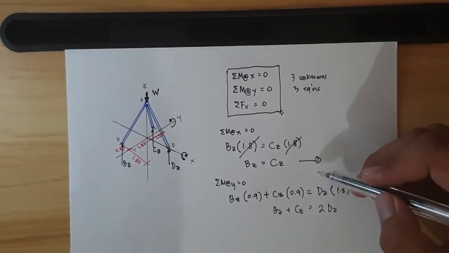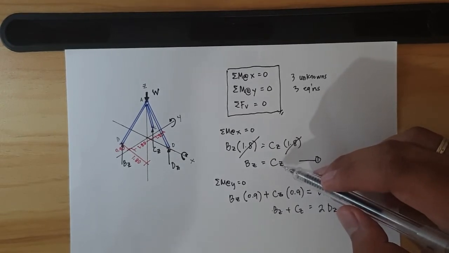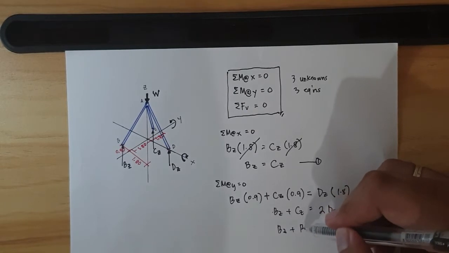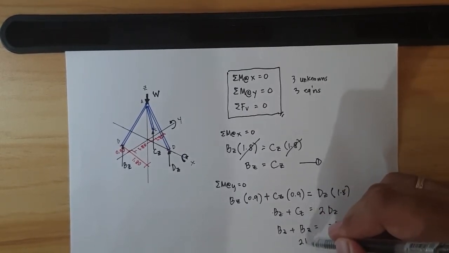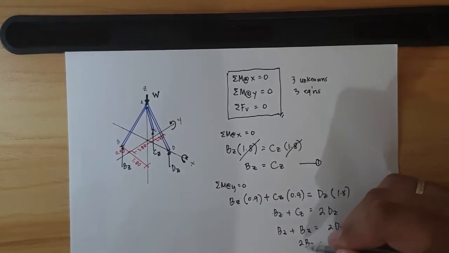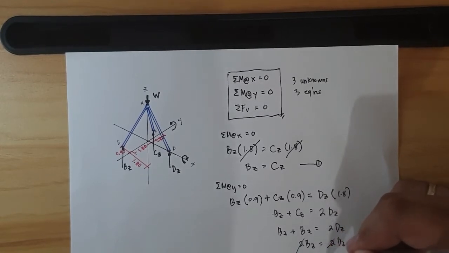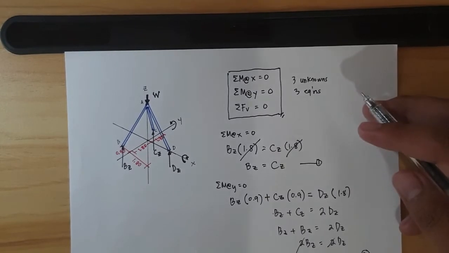Since in number 1 BZ equals CZ, therefore BZ plus BZ is equal to 2 DZ. 2BZ is equal to 2DZ. Cancel. Therefore, BZ is equal to DZ. That is for 2.